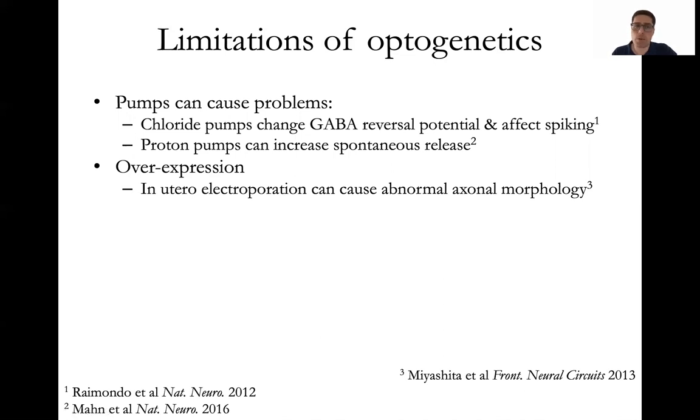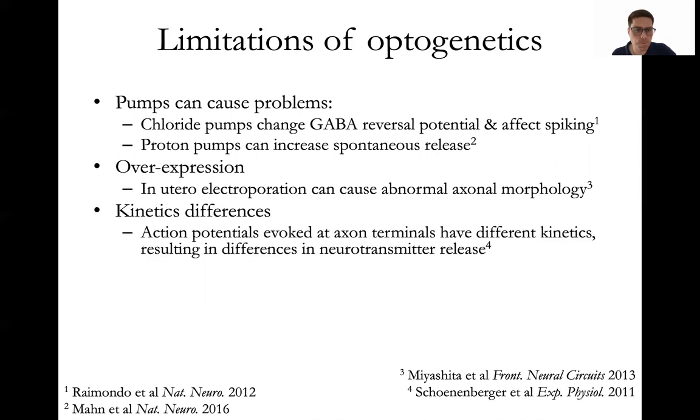And many of the ways we express opsins are using AAVs, adeno-associated viruses, slightly different from in utero electroporation, but with sufficient titer of those viruses, they can also lead to overexpression that will also cause problems. So these are things we need to watch out for when we're trying to get opsins into our favorite chunk of tissue.